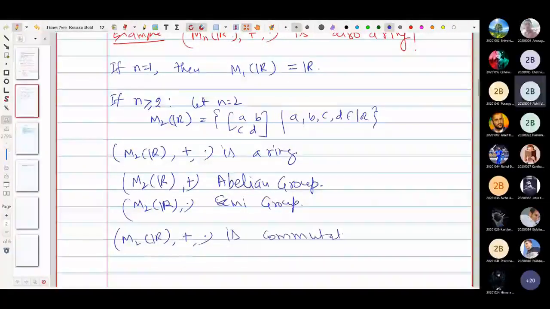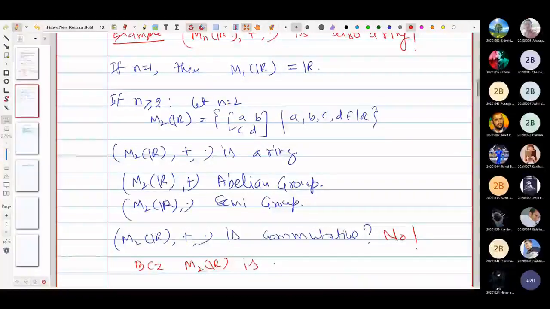No, because matrix multiplication is not commutative.